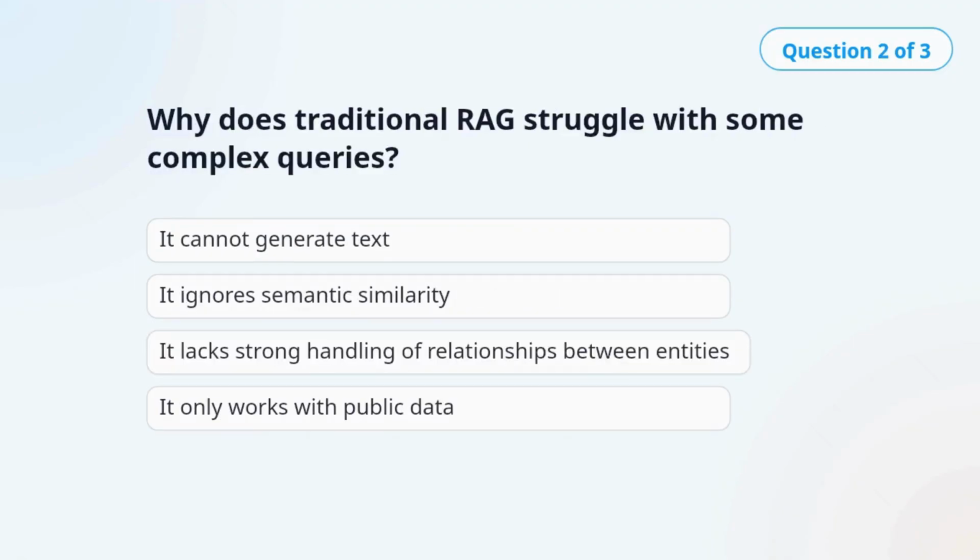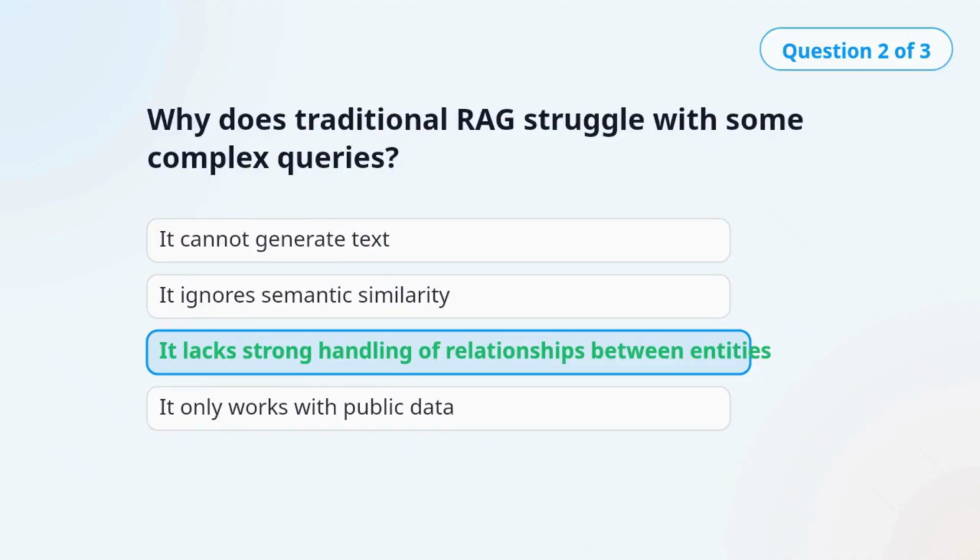Question 2. Why does traditional RAG struggle with some complex queries? The correct answer is, it lacks strong handling of relationships between entities. Traditional RAG mainly relies on vector similarity, so it can miss relational context and multi-hop reasoning.